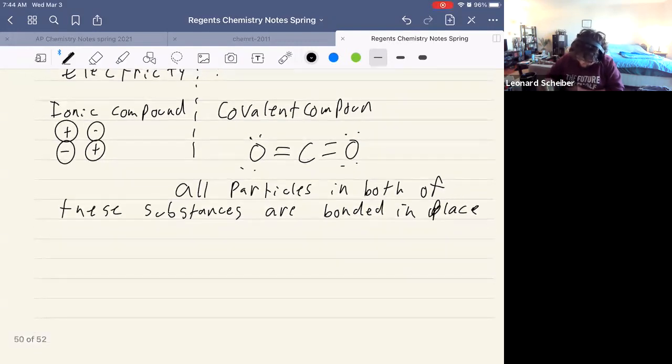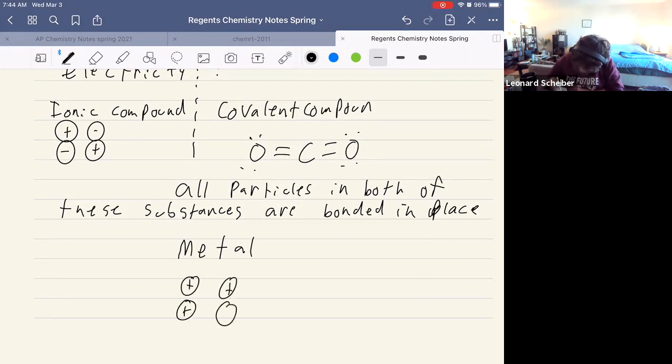Hopefully we remember metals. For pure metals, they're a little bit different, where we have a whole bunch of cations. But we said that when you look at the electrons, they actually can be anywhere.